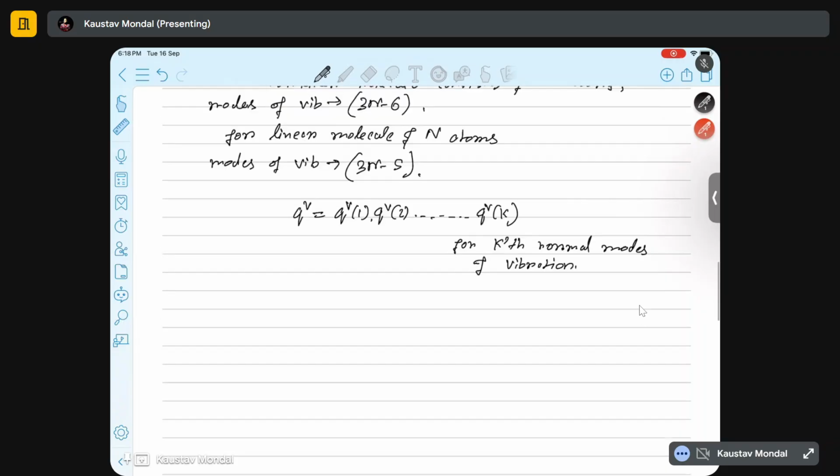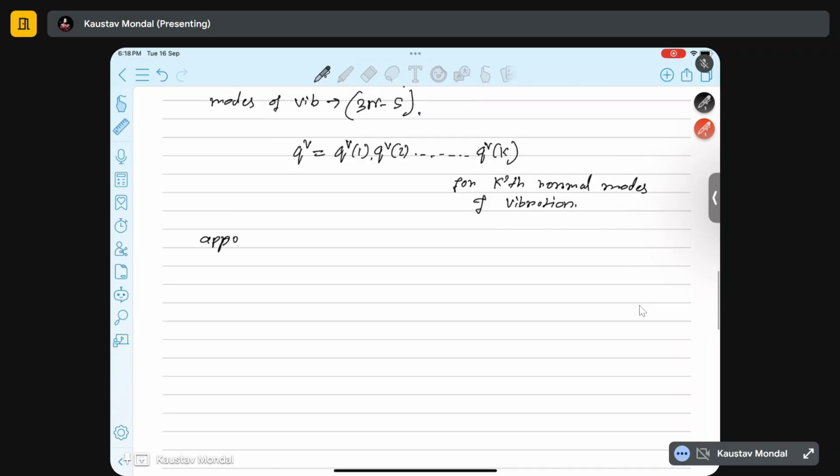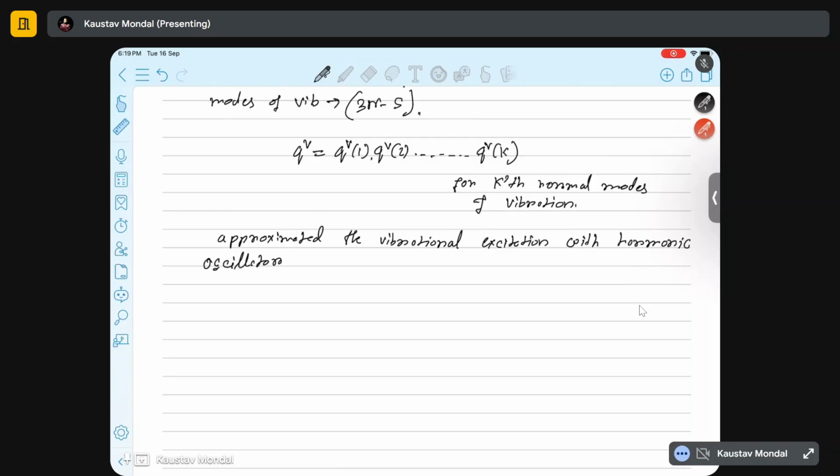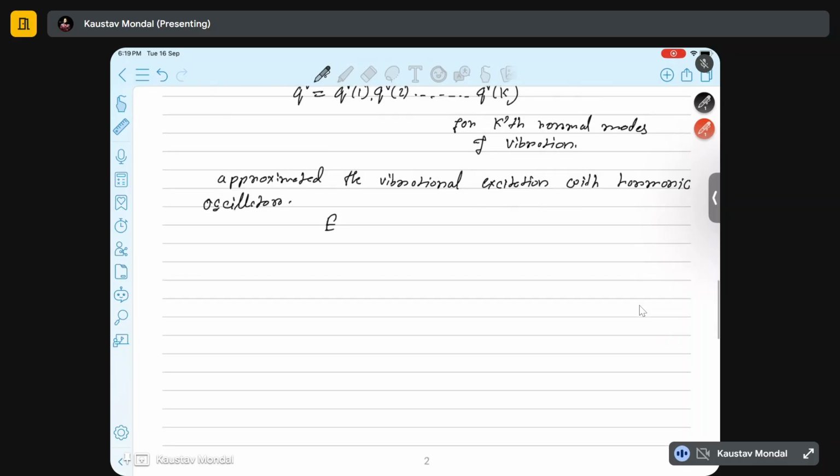We approximated the vibrational excitation with a harmonic oscillator, and we used the expression of energy E nu equal to nu plus half, h c nu tilde, where nu tilde is the frequency.